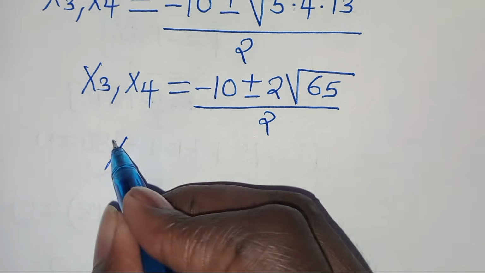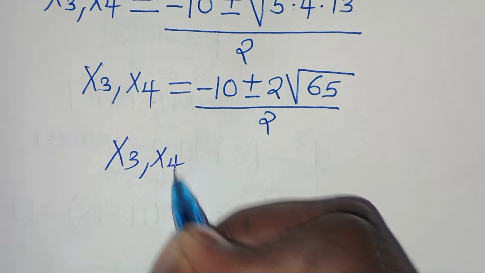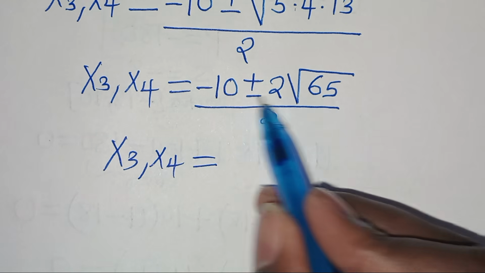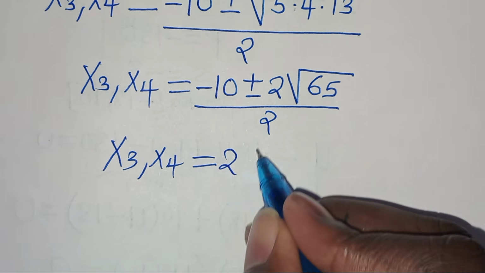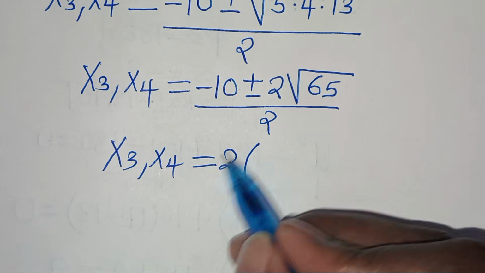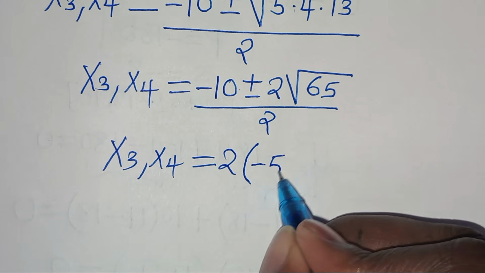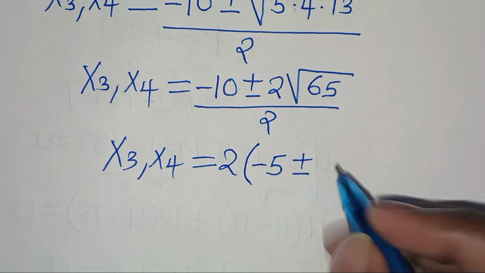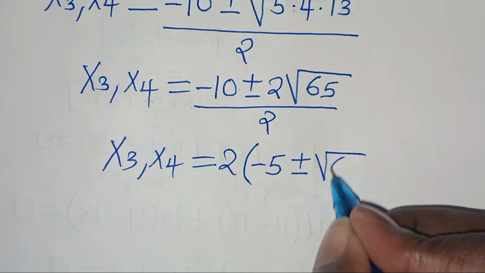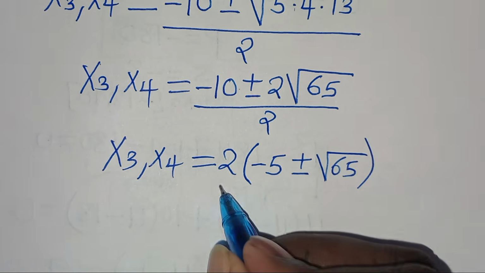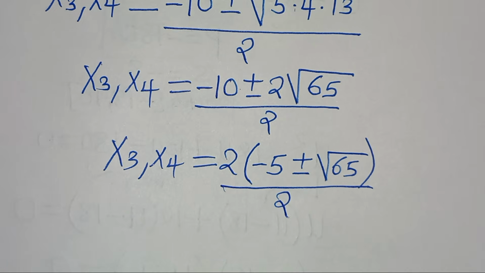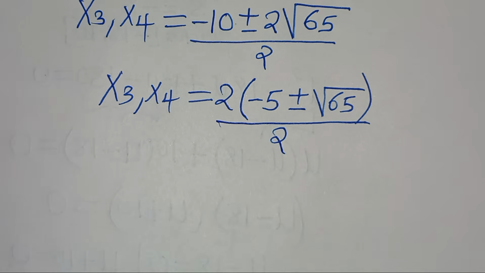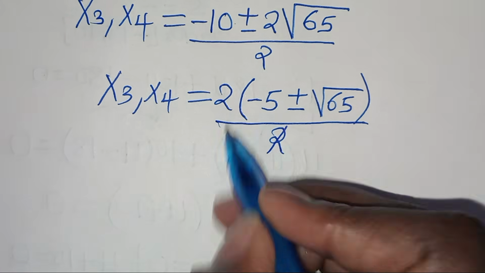So x3 comma x4, this is equal to, in the numerator here, 2 is common, we can factor out 2. Minus 10 divided by 2, this is minus 5 plus or minus 2 square root of 65 divided by 2. Then everything here divided by 2. So we can simplify 2 and 2 here.